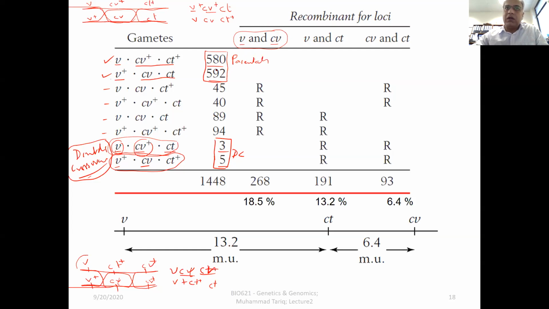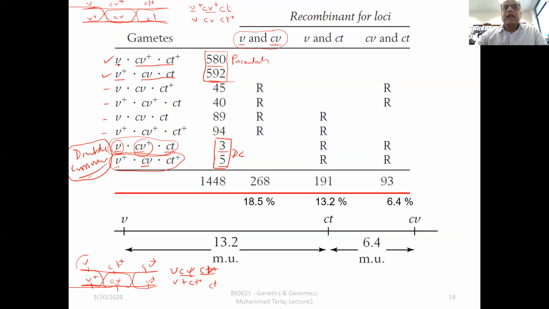We know already what the parentals are. So we will find the recombinant classes between vermilion and cross-veinless. Anything which is non-parental, anything which deviates from parental gametes, is basically a recombinant between vermilion and cross-veinless.